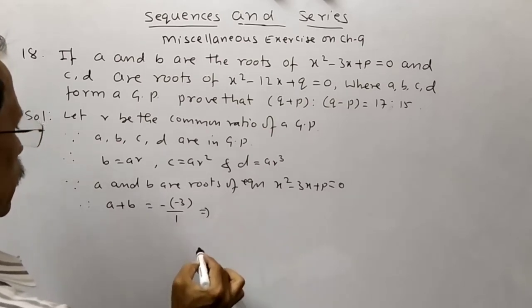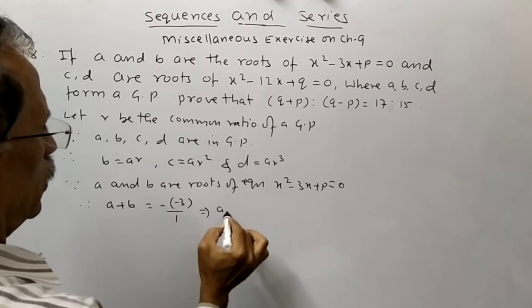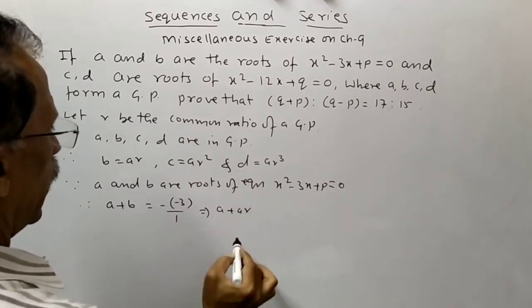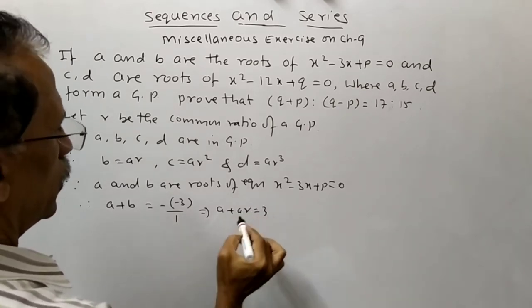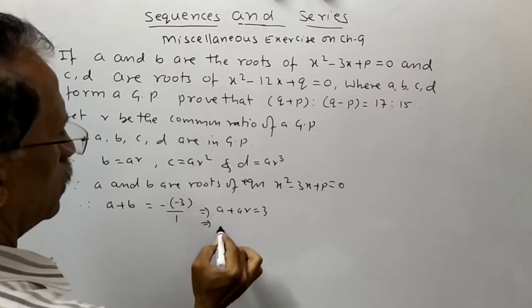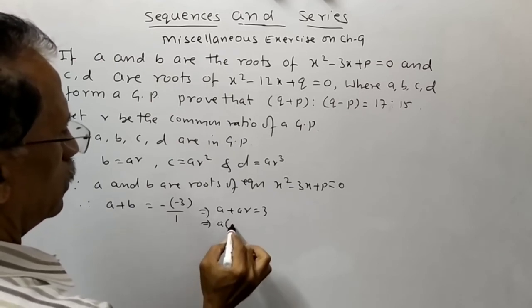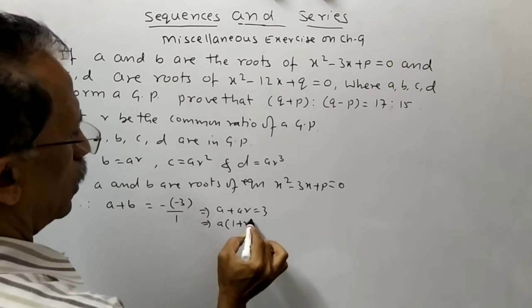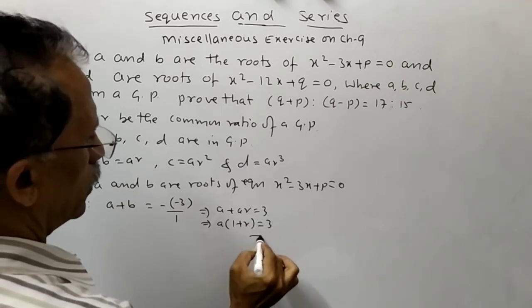This implies A plus AR is equal to 3, implies A into bracket 1 plus R is equal to 3, say number 1.